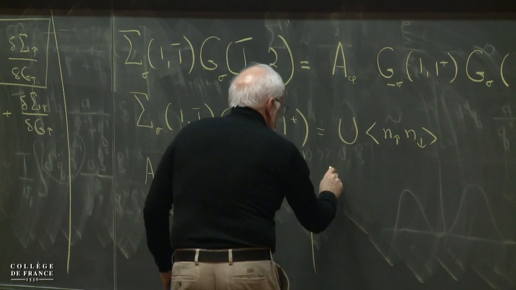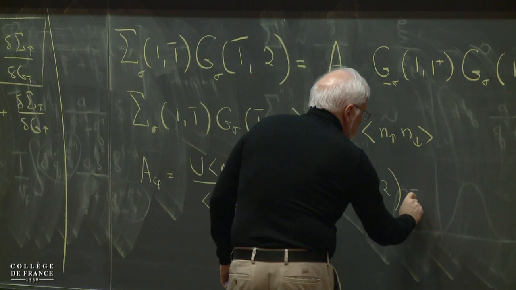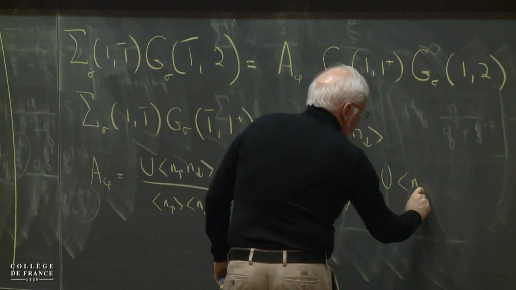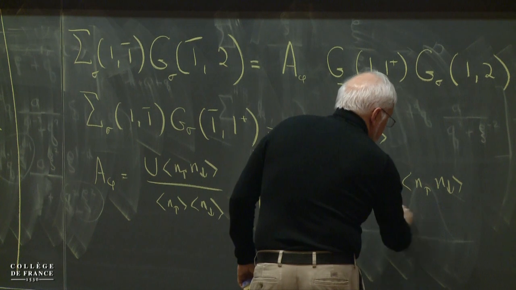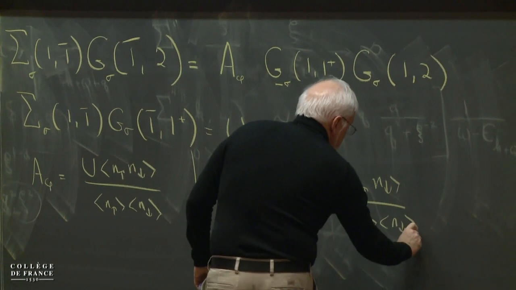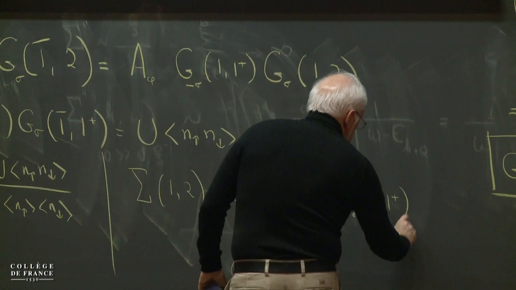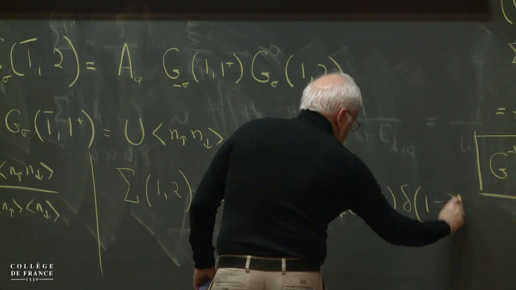And this means that sigma 1, 2 is equal to U n up down divided by n up n down times G minus sigma of 1 plus times delta of 1 minus 2.